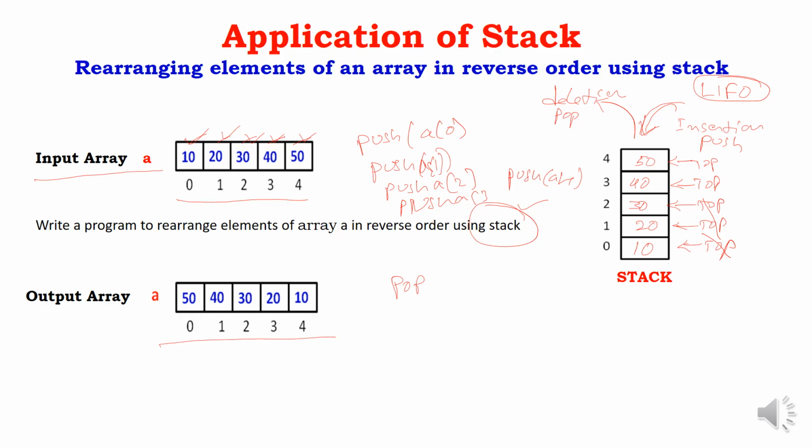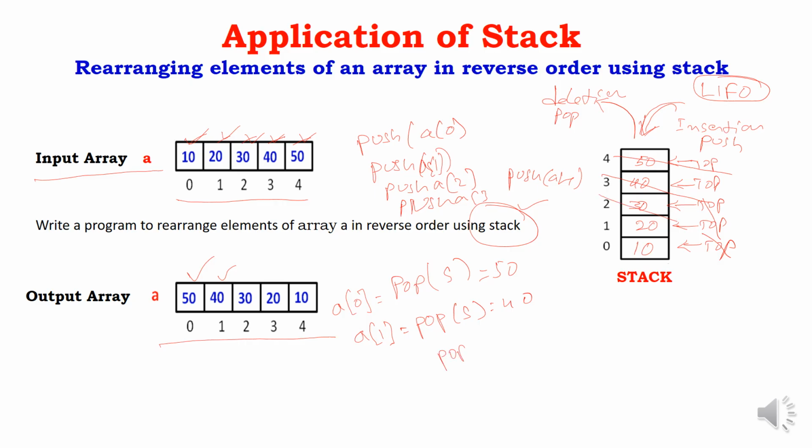Place it in A0, so A0 is the popped element, 50. Then pop again: the next element on top is 40. 40 will be popped and placed in A1. So A1 is 40. Next you pop 30.